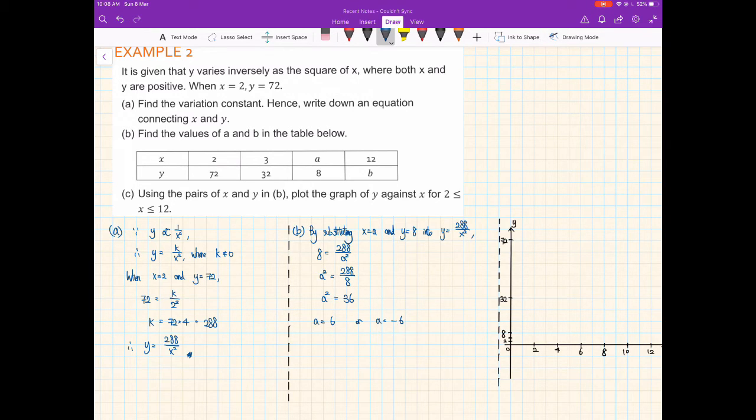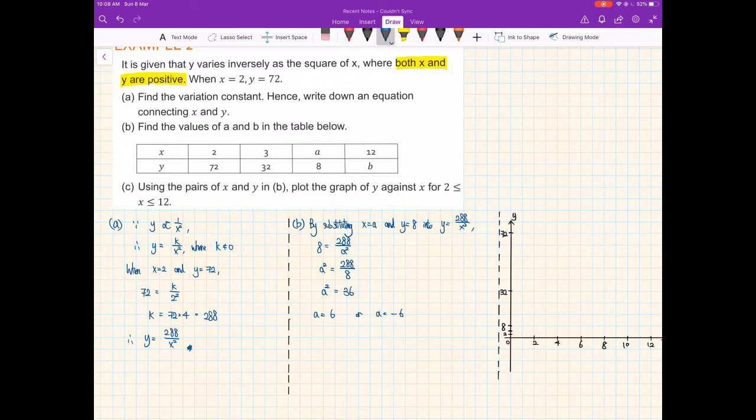The question says both x and y are positive. So that means for any two quantities, x and y, they must be positive. That means a equals negative 6 is rejected. So a is equal to 6.